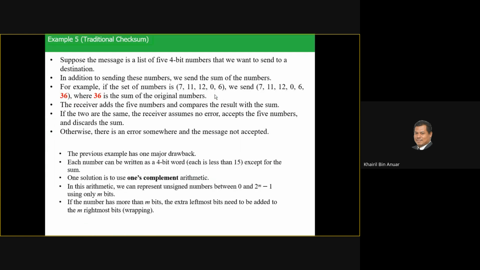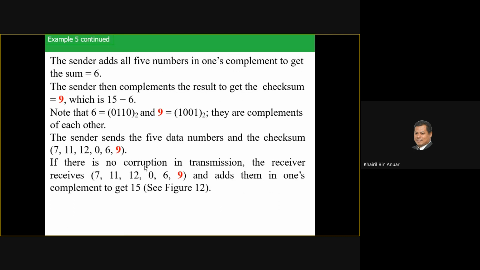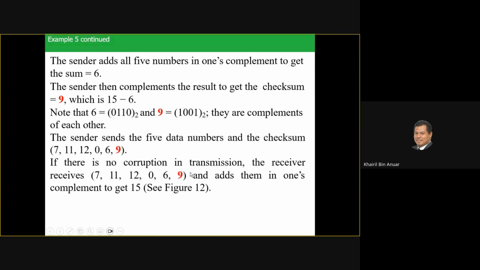Basically, they use an addition to do this, and I can show you the steps later on. You can add all these few numbers, and then you need to do what we call one's complement, and you send the packet plus the checksum.